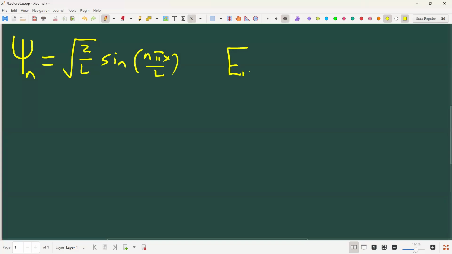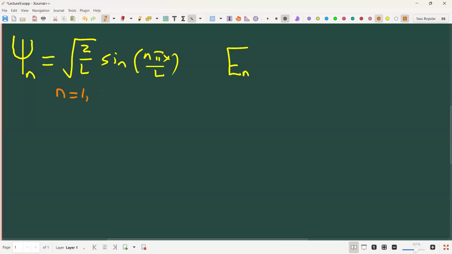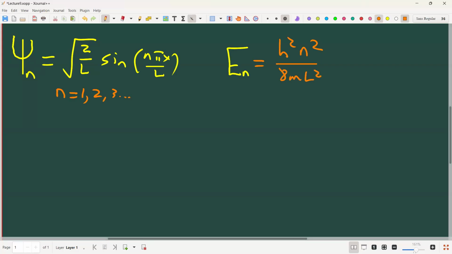Each one of these quantized sine waves is associated with a very specific, unchanging energy, which is a function of n and the mass of the particle in the box. These are states of constant energy. And every time I put my system in this state, I'm guaranteed to have this fixed energy.